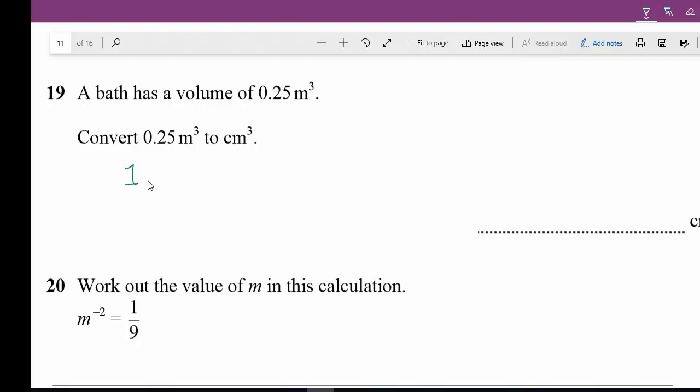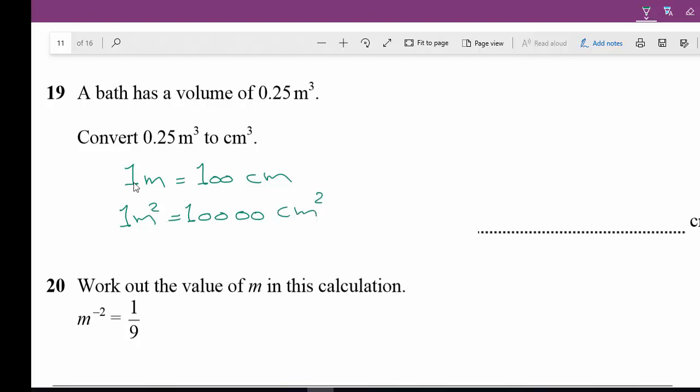We start with the first one. 1 meter is 100 centimeters. No one has a problem with this. But when the meter becomes square, this 100, because of this tiny 2 here, must be repeated twice. So 1 meter square is 100 times 100, 10,000 centimeters square.